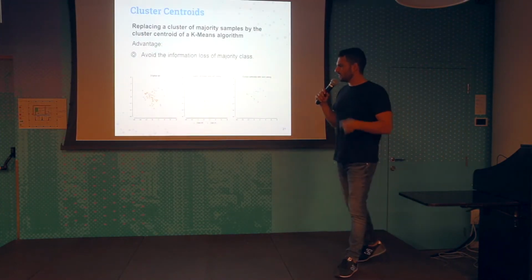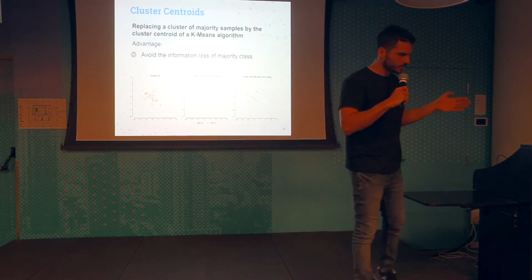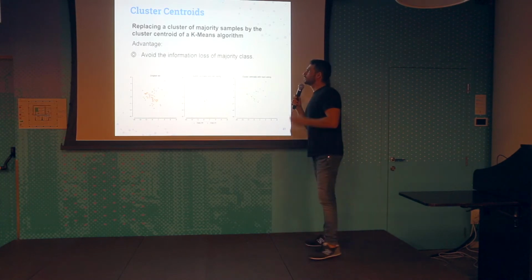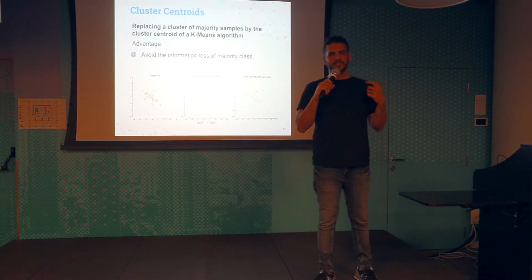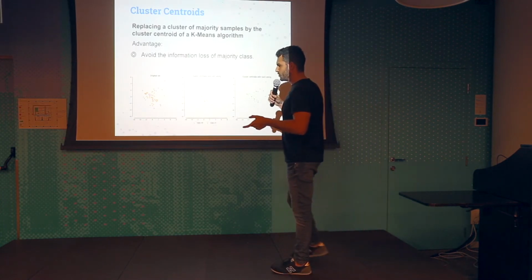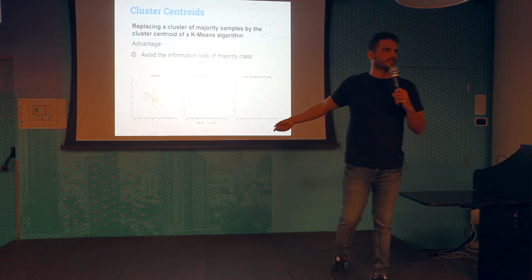Now we're going to move to some smarter ways of doing things, because random sampling can only take you so far. So, cluster centroids. Basically, it's an undersampling method that tackles the issue I told you about before, the outlier that might not get sampled.